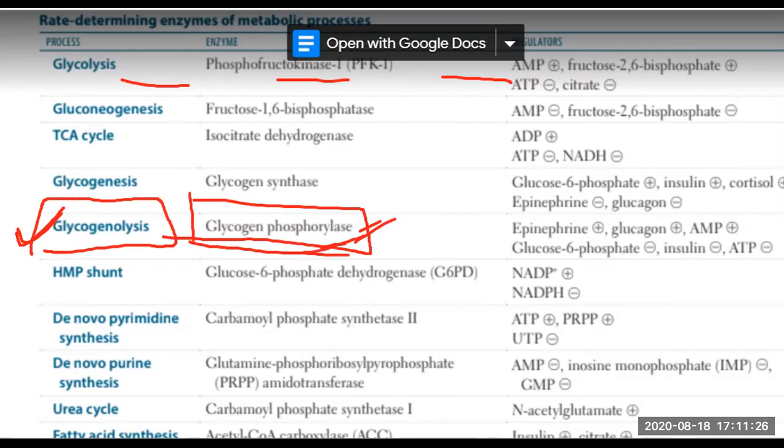Why do you need to break glycogen? Because your body is deprived of glucose. When your body does not have glucose, only then will you break a polymer. Like, there are some guests in your home, and you have this whole bucket of ice. It's not in cubes.